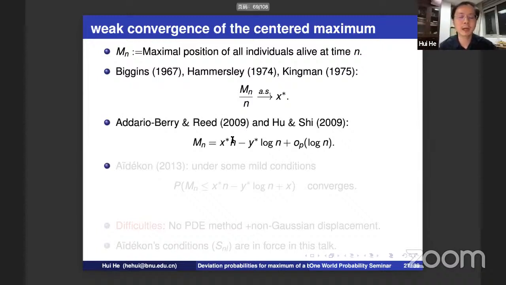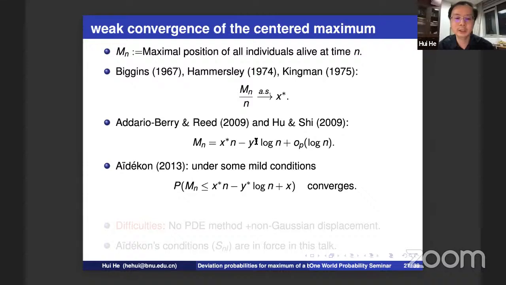And later, Addario-Berry and Reed, and Hu and Shi, got a second order, that is, you get a logarithmic correction for this Mn here. And here y star is also another constant depending on the step size and offspring law. And then I add some mild conditions. In fact, these mild conditions are just the conditions mentioned in Bastien's talk.